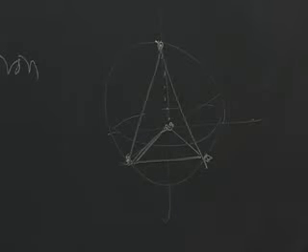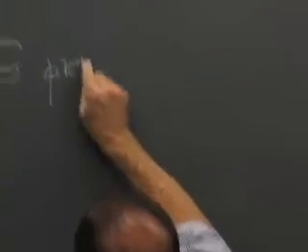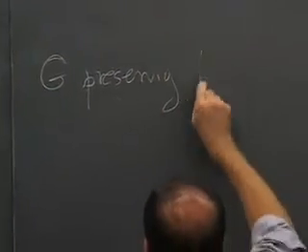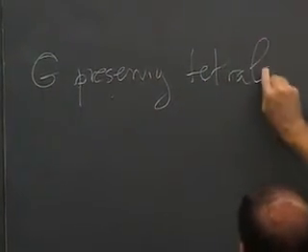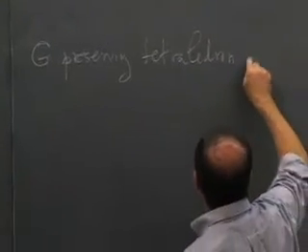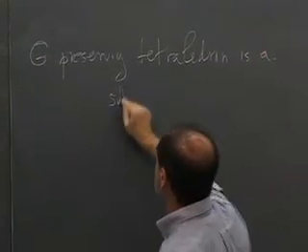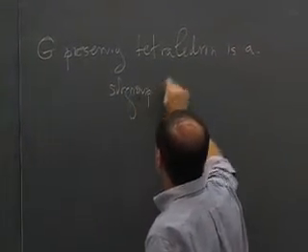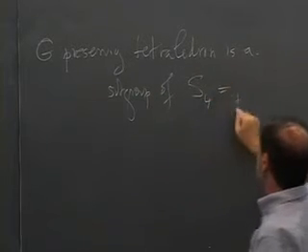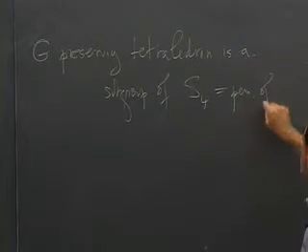So I claim that the G preserving the tetrahedron is a subgroup of S4, namely the permutations of the vertices.